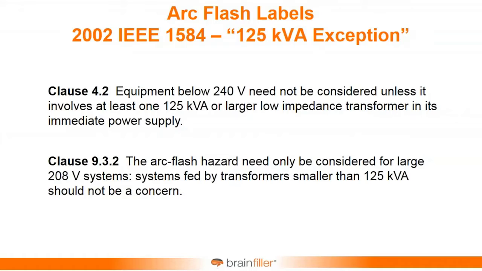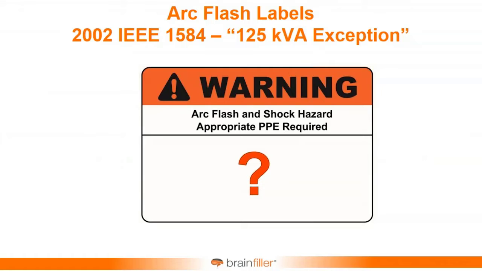So stay tuned as to how this plays out with the next edition. But it does leave a problem. For those that use this exception, the 125 kVA, you don't need to worry about it. Well, what happens as far as arc flash labels? What do you put on the label? And this has had a bit of an evolution as well.